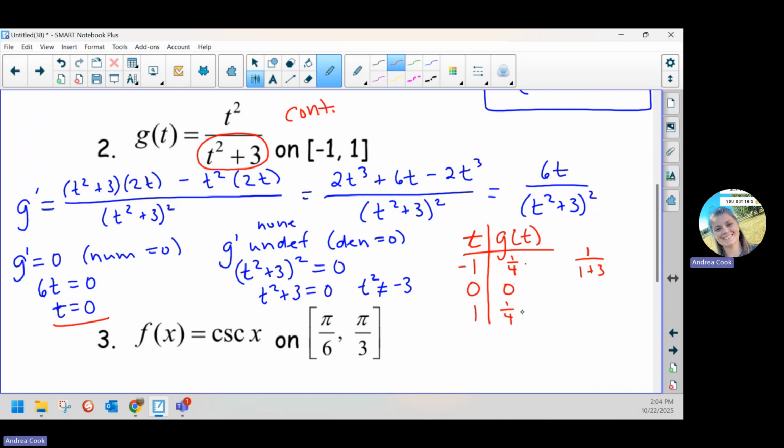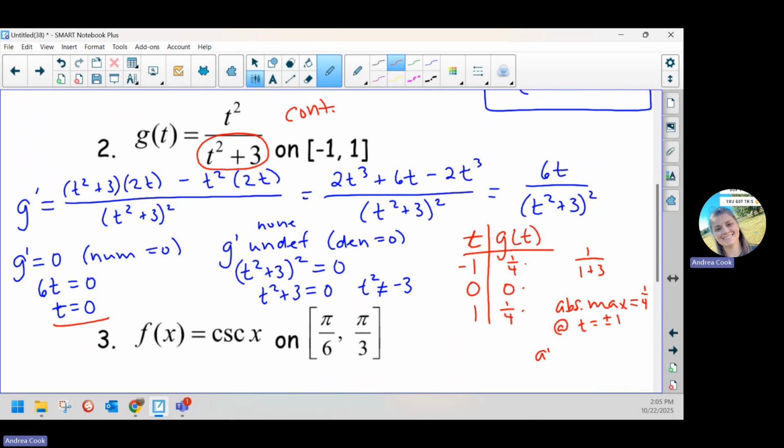So these both are considered maximums, and then the 0 would be your minimum. So my absolute max is 1/4, and that happens at t equals plus or minus 1.